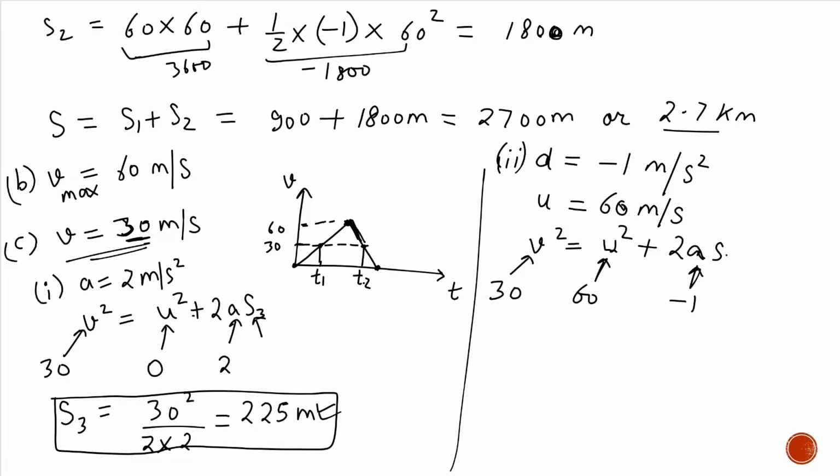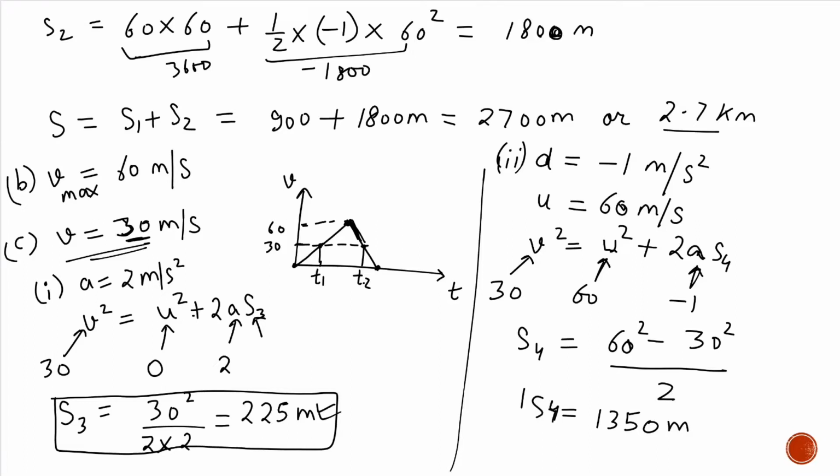We have to find this S4. So S4 would come out to be 60 square minus 30 square divided by 2. This will be 3600 minus 900, that is 2700, divided by 2, which is equal to 1350 meters. So the distance traveled by the train from the point of deceleration to achieve the velocity of 30 meter per second is 1350 meters.